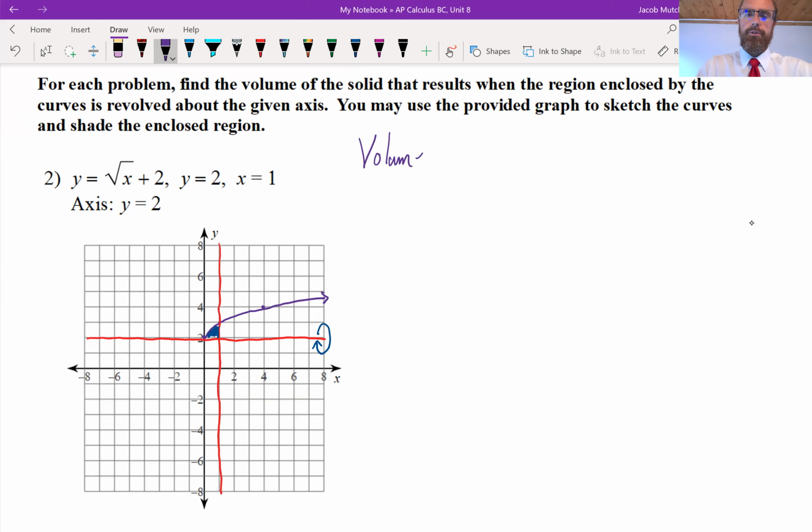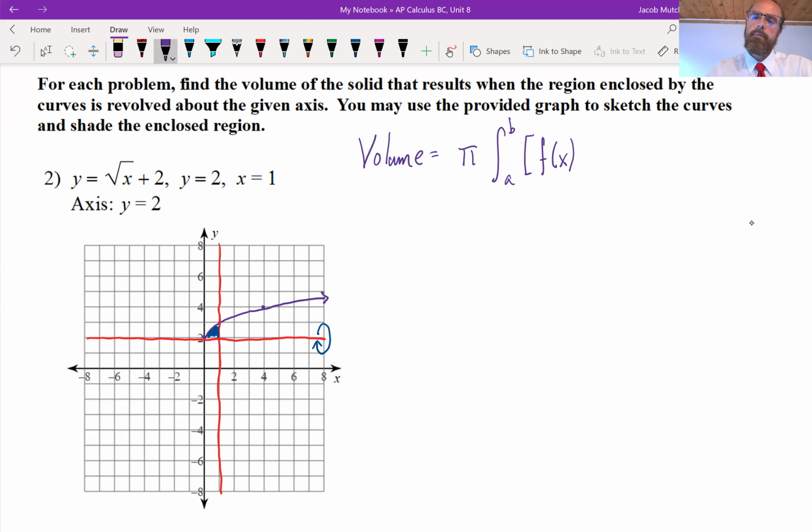Just in general terms, for a shifted axis, and we'll consider first functions defined in terms of x, it's going to be pi times the integration from a to b, ours is from 0 to 1, but we'll fill that in specifically in a second, times the function f of x. If I were revolving about the x-axis, I would just square that. But it's a little bit different here.